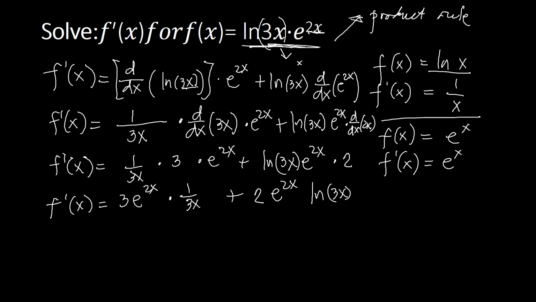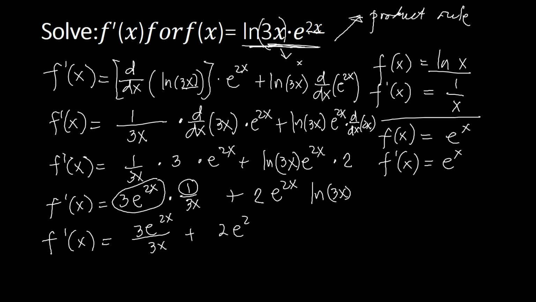So right after this, we may simplify the first part here. F prime of x will be equal to, this one is a numerator, so we can multiply that with the numerator here. That means we have 3 times e to the power of 2x over 3x plus 2 e to the power of 2x ln 3x.